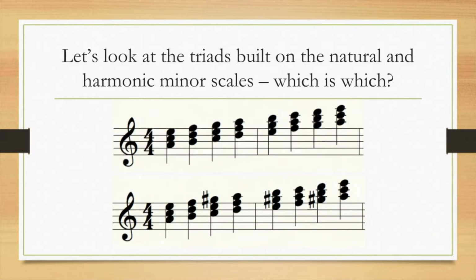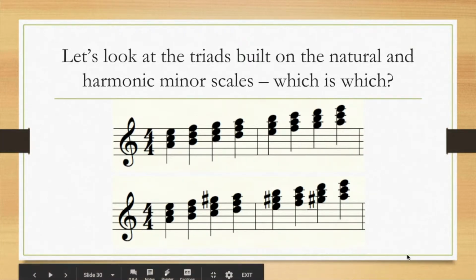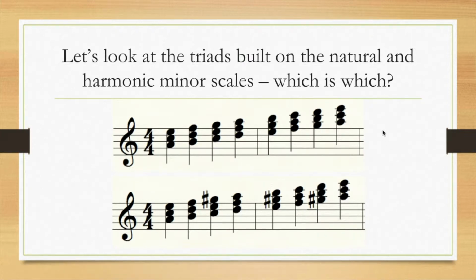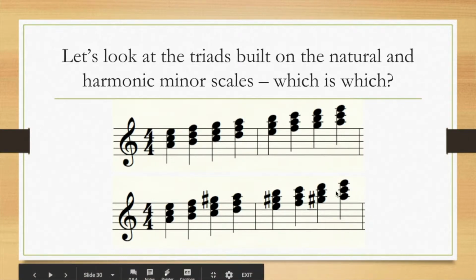All right, so let's look at the triads built on the natural and harmonic minor scales. By the way, here's a question for you. Which one is which? This is number 1. This is number 2. What's this and what's this? You were right if you said this was the natural minor, this is the harmonic minor, okay?